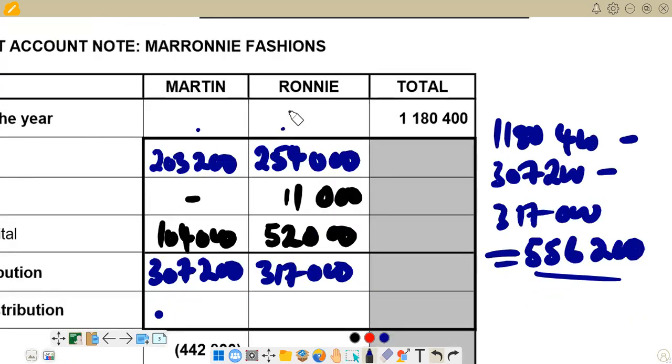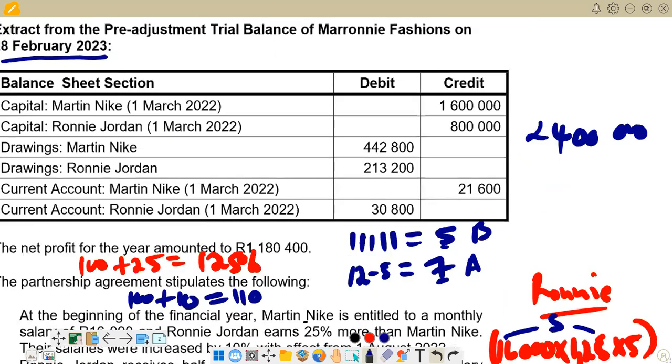So we'll start with Martin. Remember we've got 2,400,000. The capital for Martin is 1,600,000. So we're going to say 1,600,000 over 2,400,000.